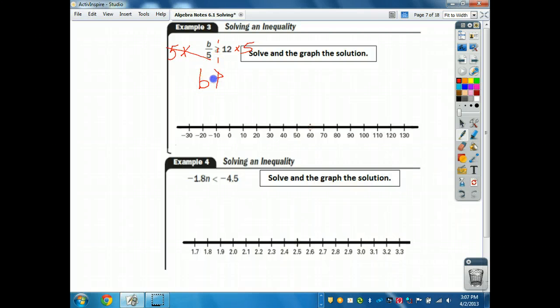No, greater than or equal to 60. So on your number line, where would I put my open circle? On the 60. Start with your open circle. Do I fill it in? Yeah, because of this equal sign, I need to fill that in. And then arrow to the right.